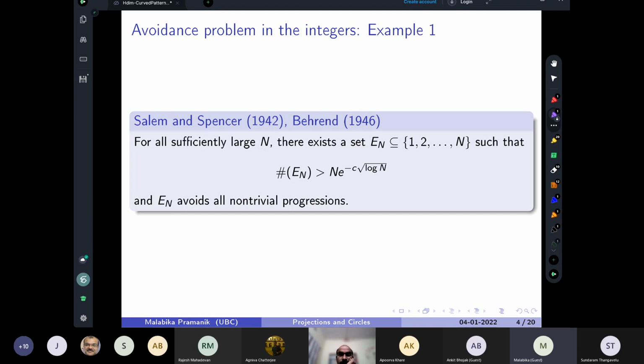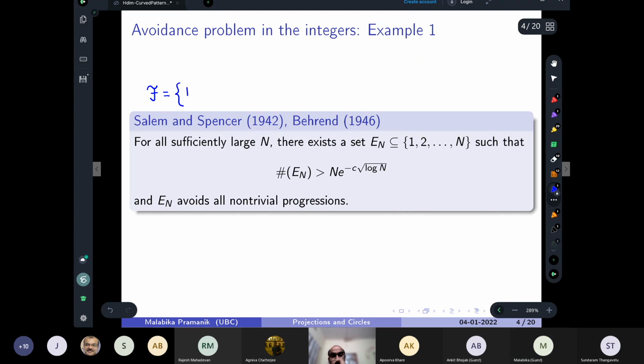So what it means, in the setting of the abstract question that I talked about before, is: what is the set of patterns here? The set of patterns script F is the class of all progressions.